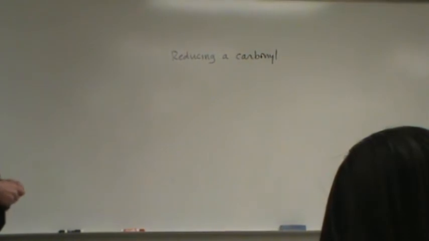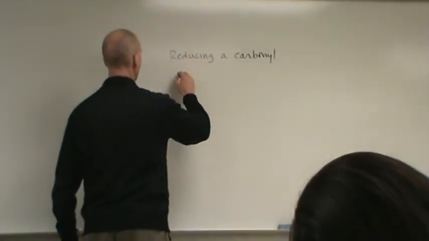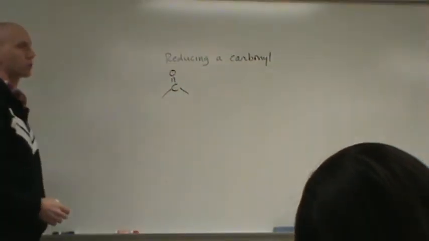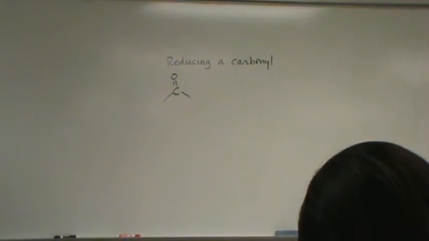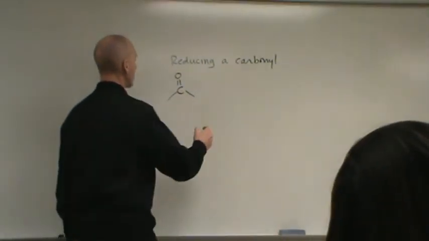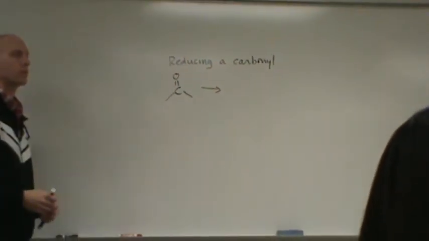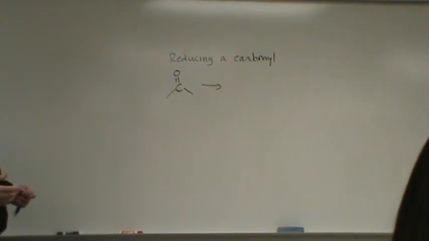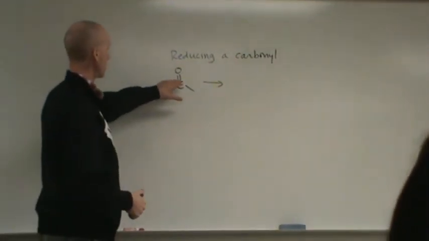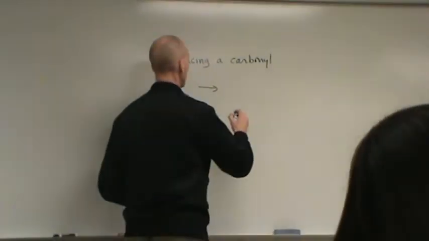Remember that a carbonyl is this functional group. If I wanted to reduce it, what do you think is going to happen to it? The double bond is going to go to a single bond.